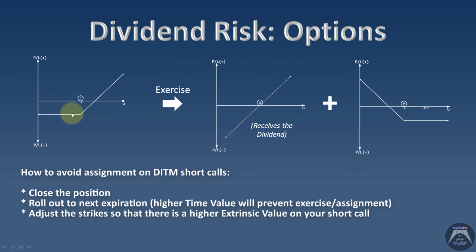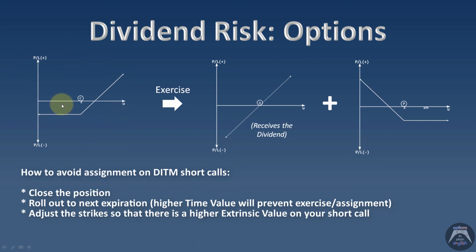But basically what you would do is you would either close the position if that's what you want to do, and you feel that according to your trading plan, that's what this situation calls for. Or you could simply stick with the same strike, but roll it out in time.